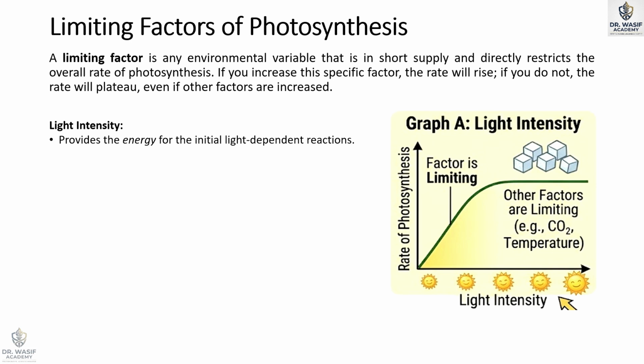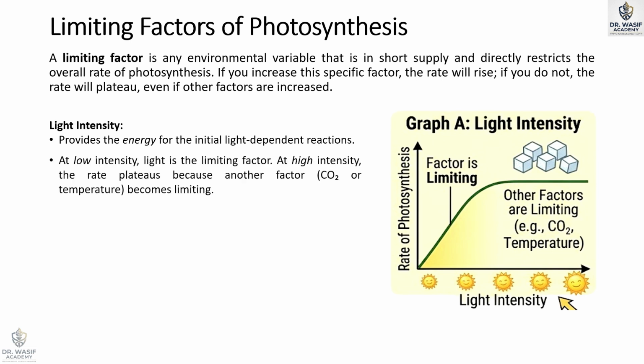The first major limiting factor is light intensity. As you know, light provides the raw energy needed for the very first stage of the reaction. At low light levels, like at dawn or in a shaded area, light is the limiting factor. As the sun comes out and light intensity increases, the rate of photosynthesis climbs.